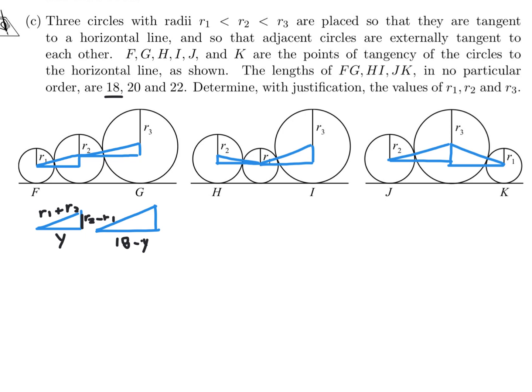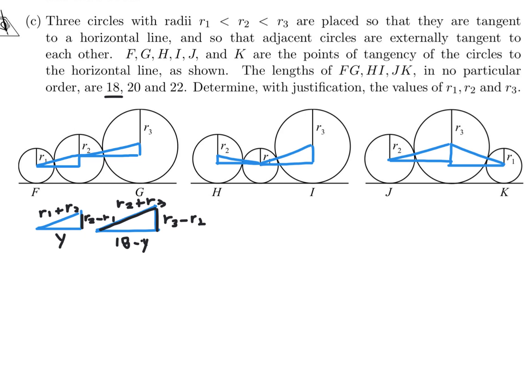And then this side here is going to be R2 plus R3. This side here, R2 plus R3, and then this side on the side is R3 minus R2, I believe. Yeah, R3 minus R2.